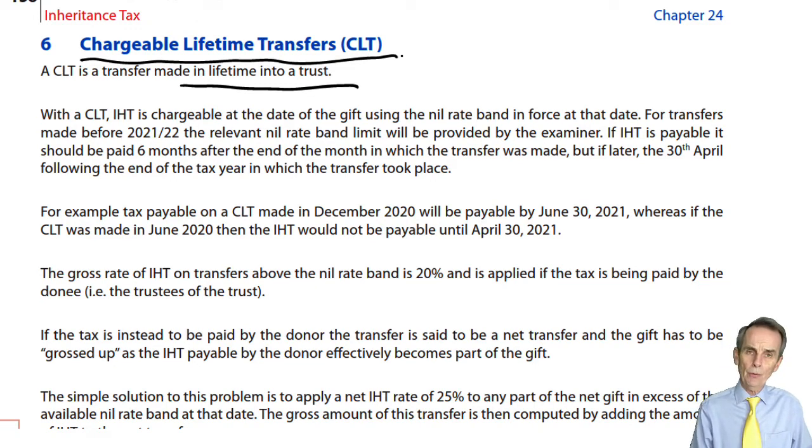But what we saw in the previous examples that we did in class, so far anyway, the illustrations that were shown, we had a CLT, and we dealt with it both in lifetime and on death. Obviously, when it does become chargeable on death, depending how distant it is from the date of death, is it less than 3 years, or is it between 3 and 7 years from the date of death, we may or may not have taper relief to reduce the amount of charge arising on death.